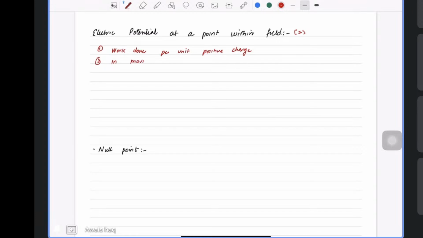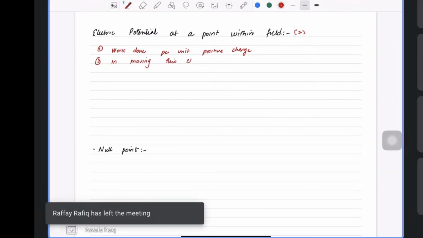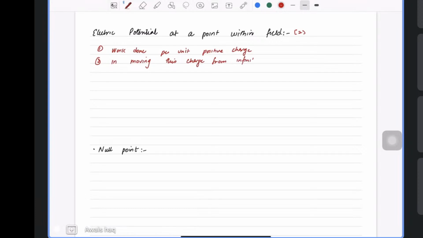You can also change the word in bringing this charge from infinity to a point within the field. Now, writing within the field is not important. If you just write infinity to a point, that's enough. You can get away with that.